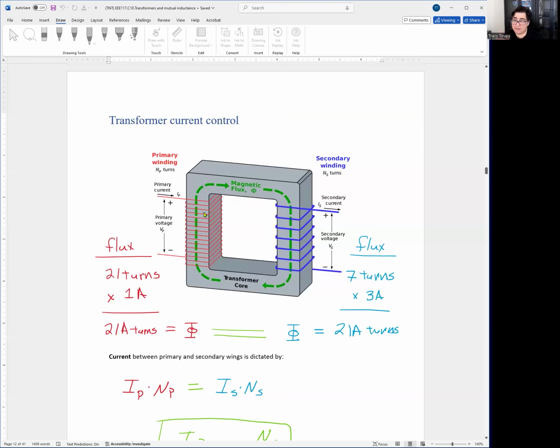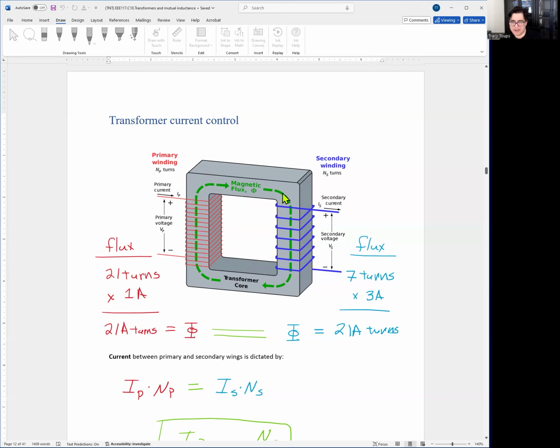And every time we make a loop with 1 amp, it's going to add strength to the magnetic field. So the more times we loop an amp, the stronger and stronger the magnetic field gets. The way I like to think about it is after 1 amp went through all 21 turns, I take 21 turns times 1 amp, and I have 21 amp turns worth of magnetic field. Right? That's not the technically accurate way to say it.